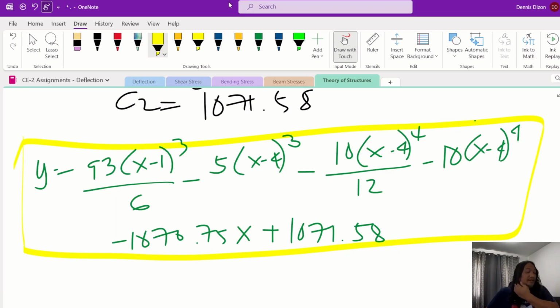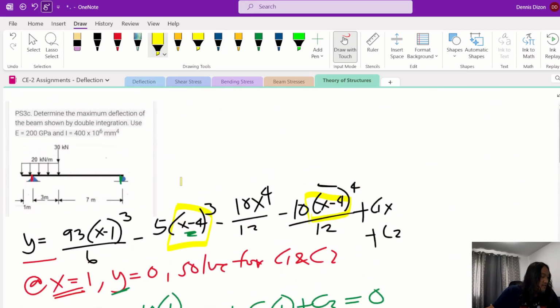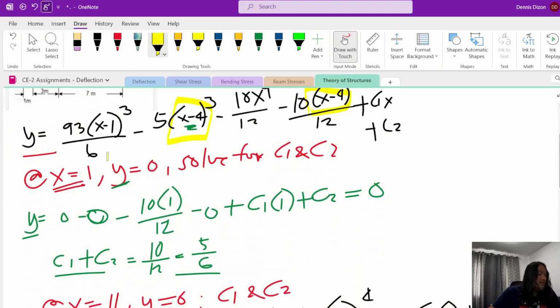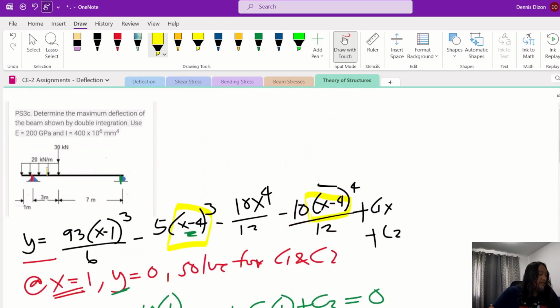So the question is, determine the maximum deflection of the beam. Now, with this, you have a uniform load, not continuous, and you have a concentrated load also, which is not in the midspan, so we don't know the location of the maximum deflection.